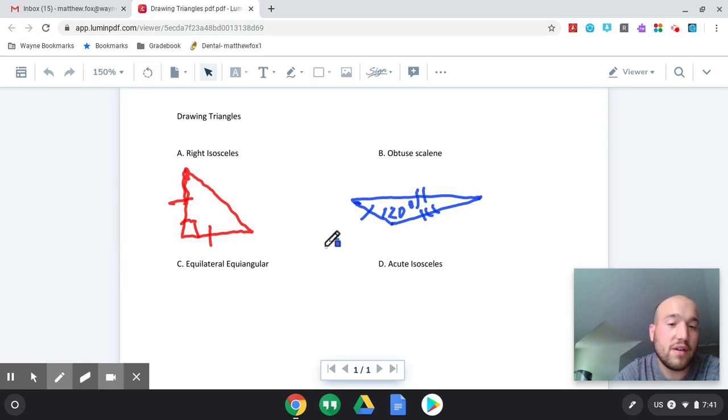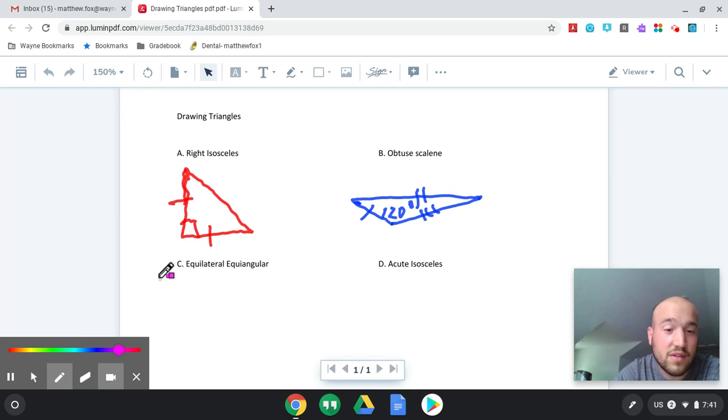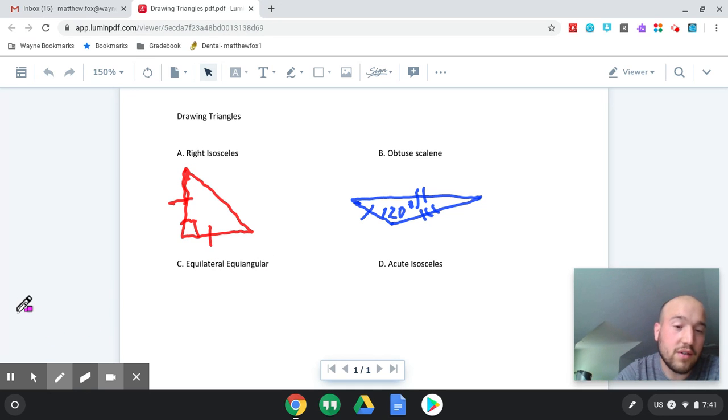Your next one, example C, says equiangular, or I should have written it that way because I've been putting the angle first, but I accidentally wrote equilateral and then equiangular. That means all three sides are the same and all three angles are the same. We draw that in. If all the sides are the same, we're going to have a mark here, a mark there, a mark there.